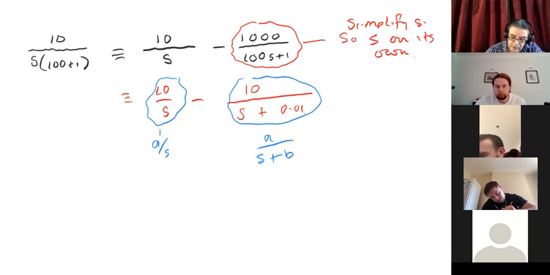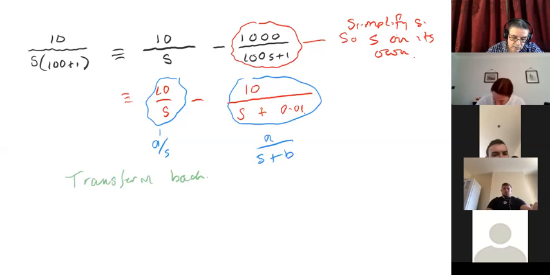So we can transform back and say Vc at time t is equal to, and this 10 over s bit here is equal to 10.